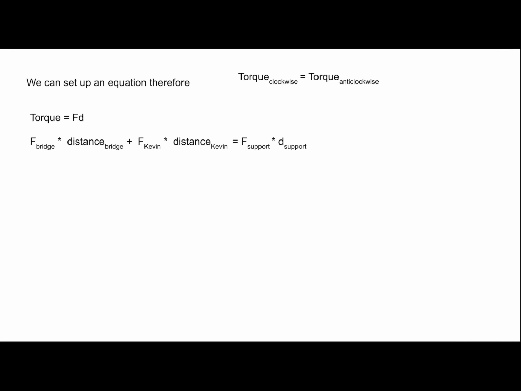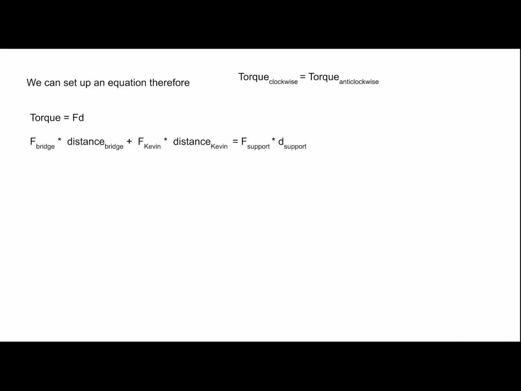So our torque of the bridge can be split up into the force of the bridge multiplied by the distance of the bridge, and this is added to the force of Kevin multiplied by the distance of Kevin, and that's equal to the force of the support times the distance of the support. Everything on the left hand side is a clockwise torque, and everything on the right hand side is an anti-clockwise torque, and they're equal. So that's our equation there.